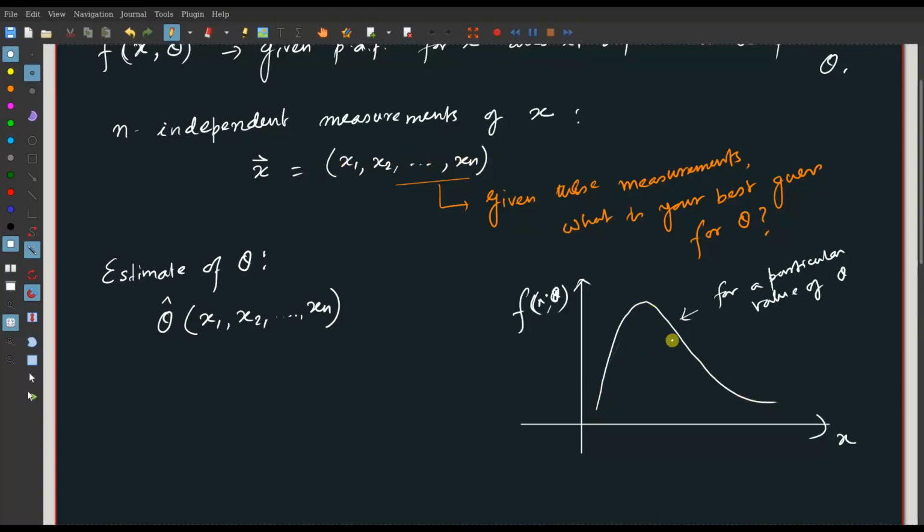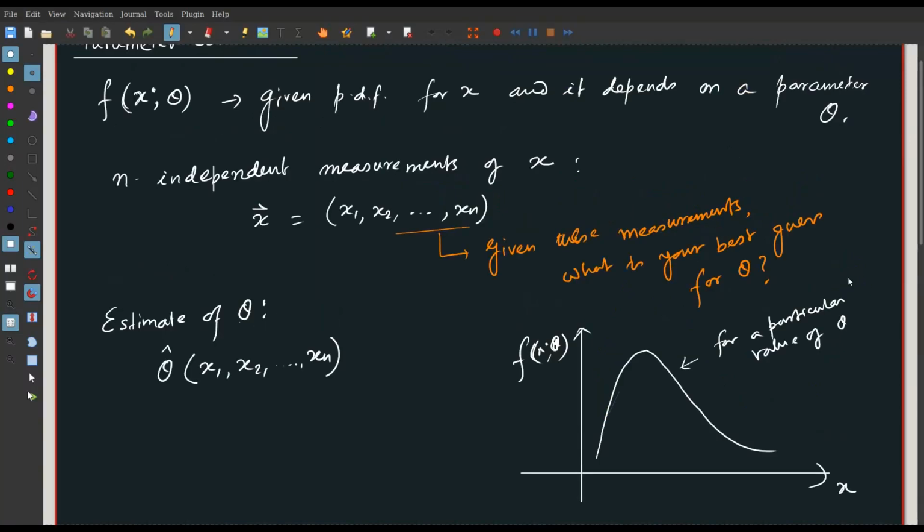Since this continuous graph is unique to this value of theta, provided you had the luxury of this infinite sample size, by the way, this n will be called the sample size, then you could uniquely pin down the value of theta.